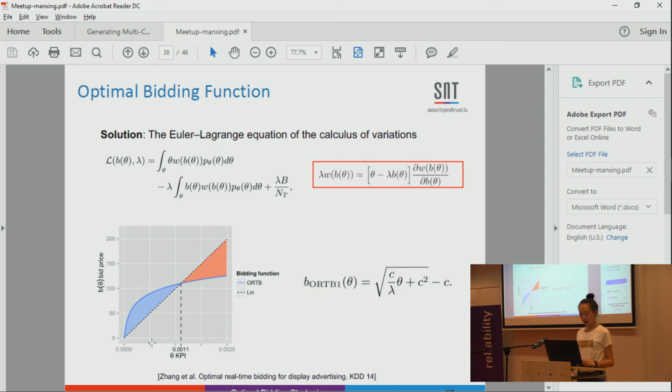I guess what is happening is that maybe in that data set, more clicks are generated in this area, so they can bid at a very low price and maximize the total number of clicks. So the decision is totally different from the linear bidding function.